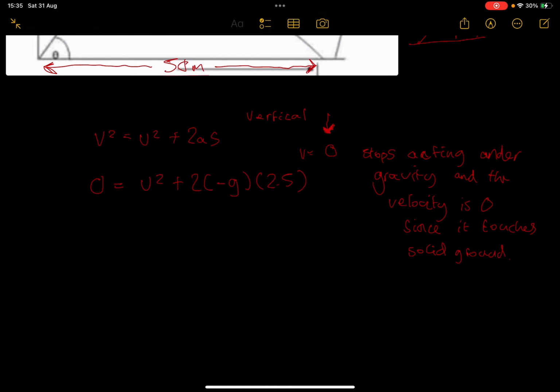Now, if we want to find the initial velocity, we can simplify this now.